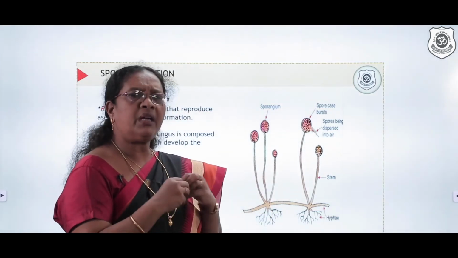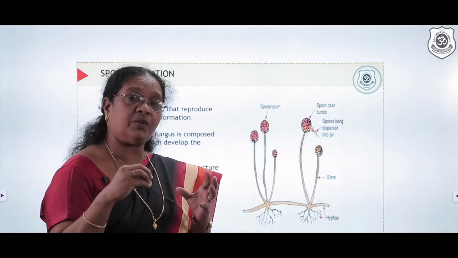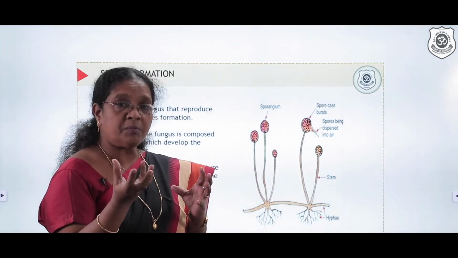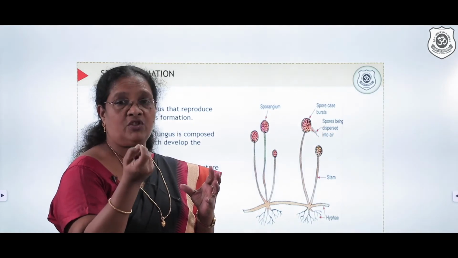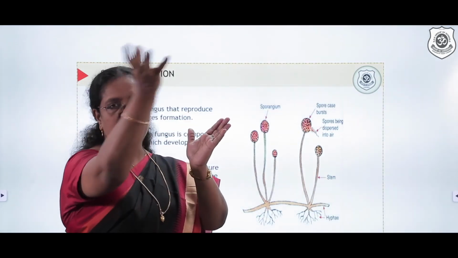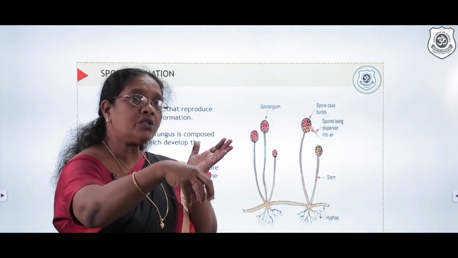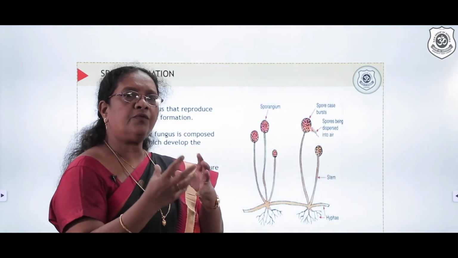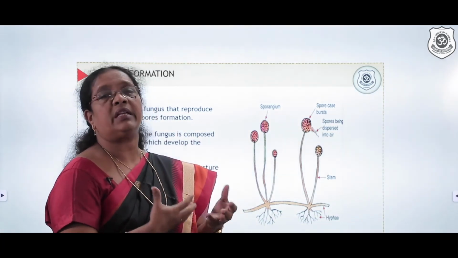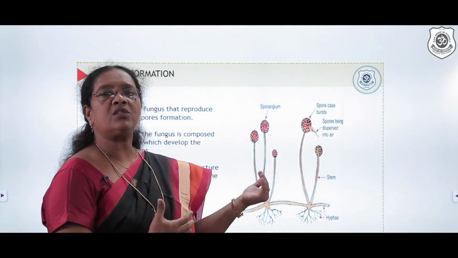These spores are innumerable. You find they just keep increasing. And what is the stage that we are going to see? When it almost becomes black, that is the right mature state. The sporangium bursts. Immediately the spores come out, some get carried away in the air and some fall onto the bread again. That is why the fungus formation increases. It is not just in bread, but in bread we call this a bread mold.